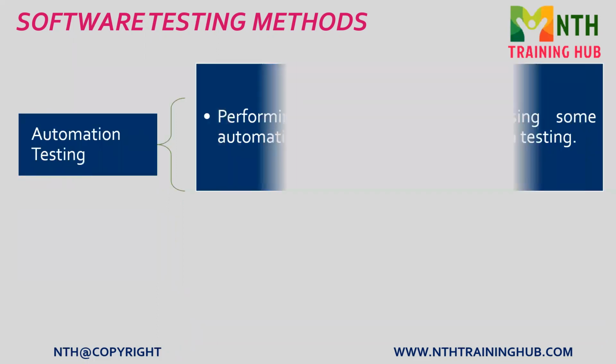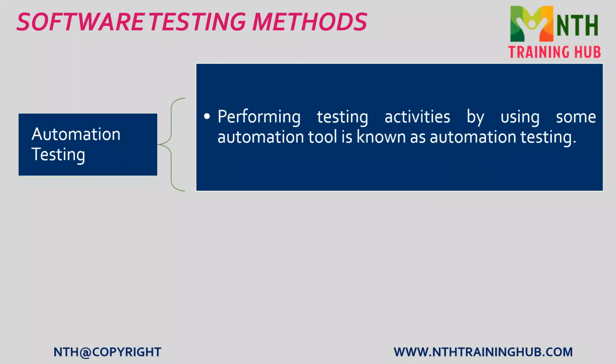Performing testing activities by using an automation tool is called automation testing. Manually, you can hardly test one, two or three applications per minute. Can you test 100 applications per minute? It's highly difficult.